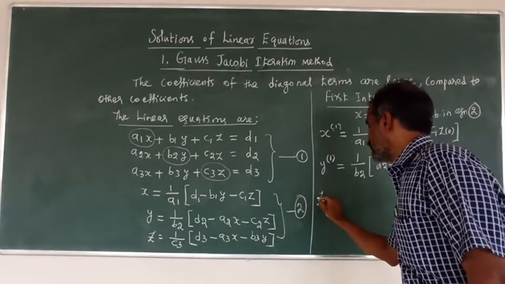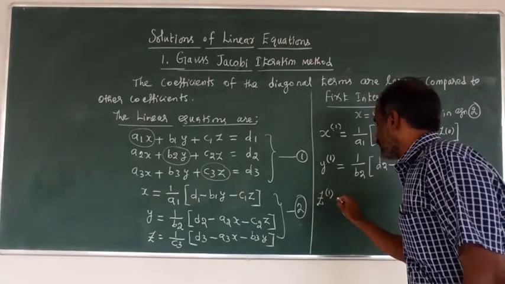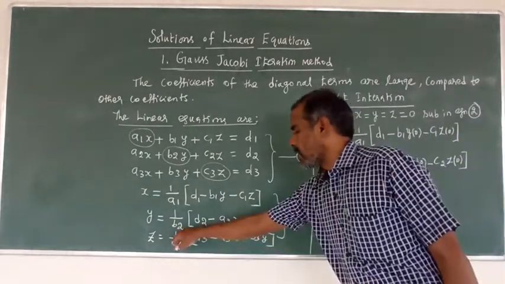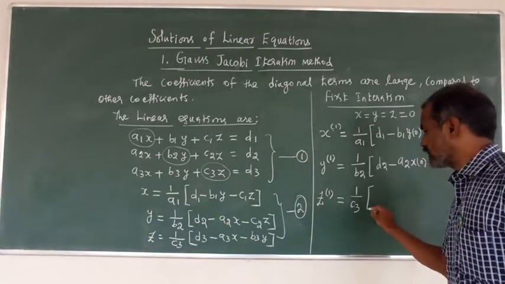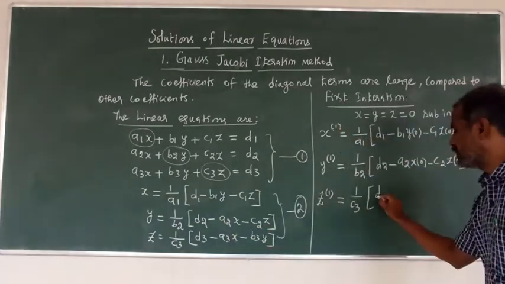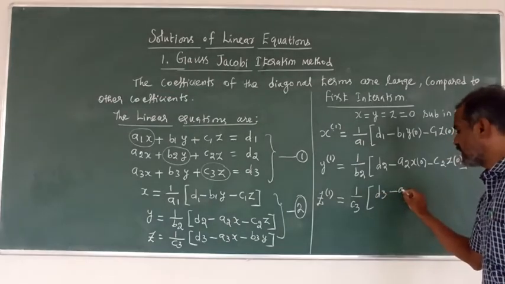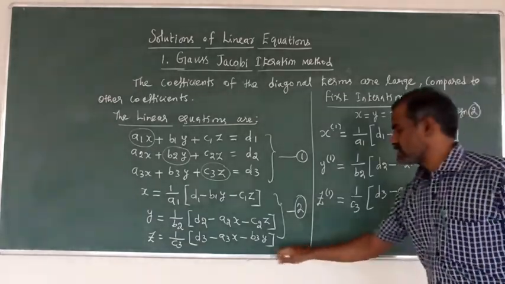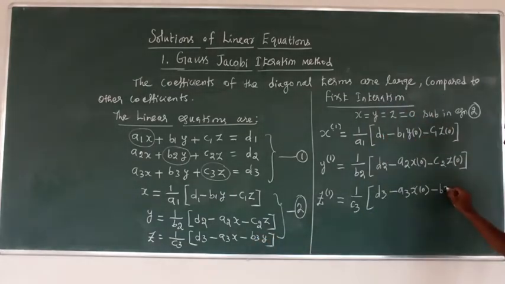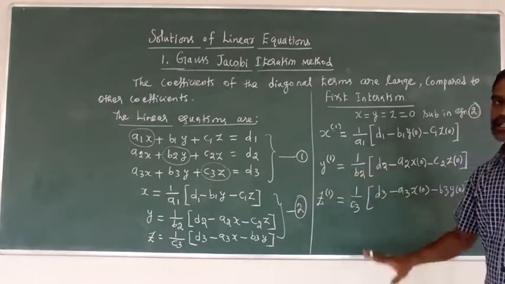Next, the first iteration of z1: 1 divided by c3, within bracket d3 minus a3 times the x value 0, minus b3 times the y value 0. Okay, this is the first iteration result.